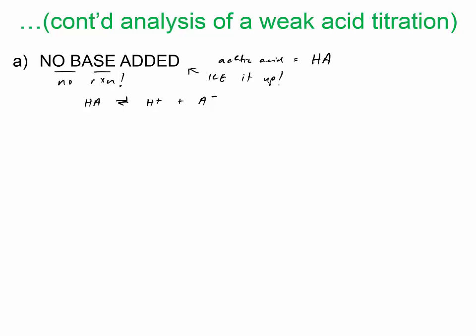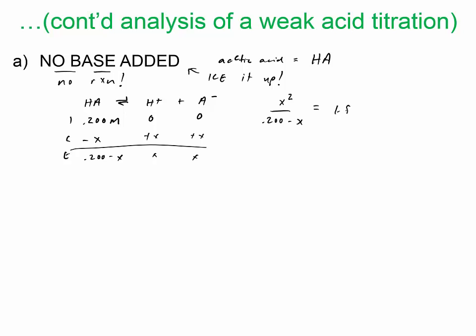We ICE it up. So our initial amount, if we go back to the original description of the problem, was 0.200 molar, and so minus x, plus x, plus x. So we have x squared over 0.200 minus x.